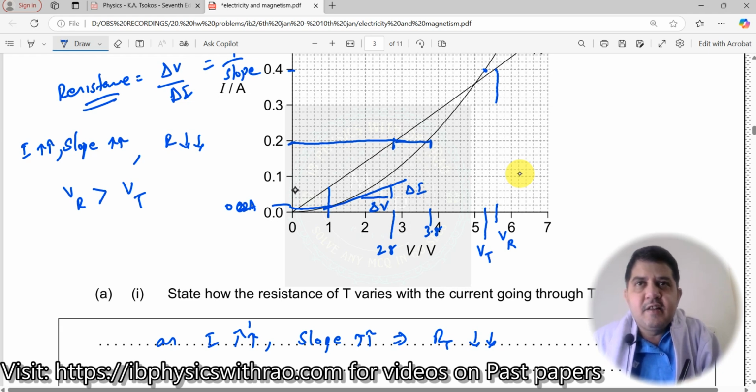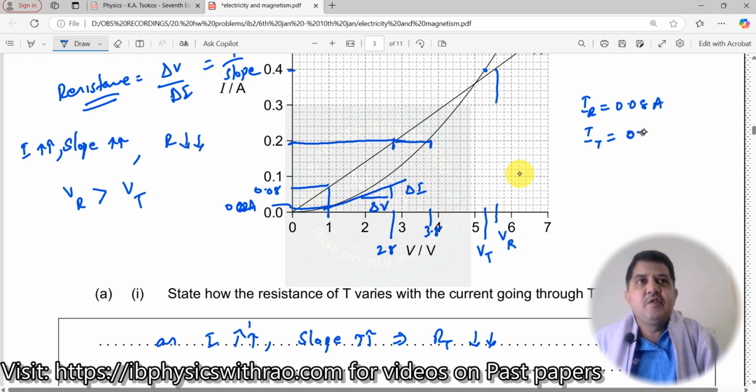And what is the current here? It is around 0.08 ampere. So I will now write IR equal to 0.08 ampere, IT equal to 0.02 ampere, I equal to IR plus IT, which will be equal to 0.1 ampere.